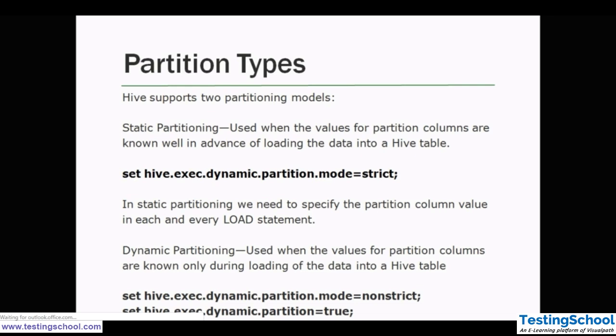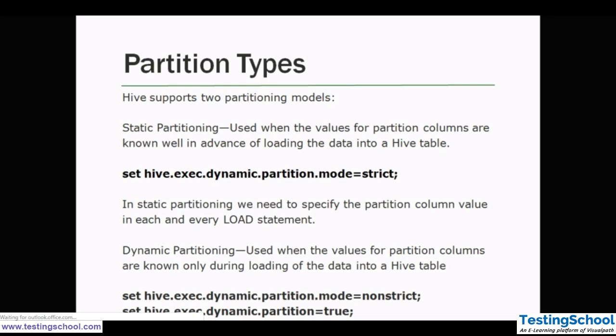For this we need to set a couple of properties, the same one as for the static partition, but here we need to set the mode to non-strict instead of strict, which we set in static partition. And we also need to set dynamic partition equal to true.